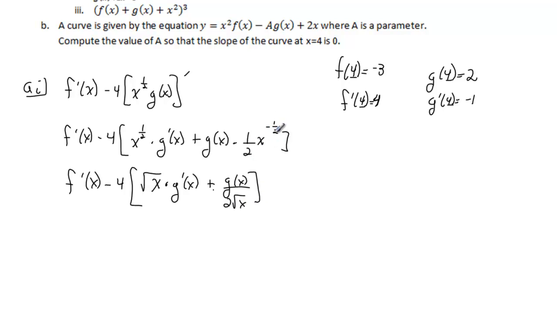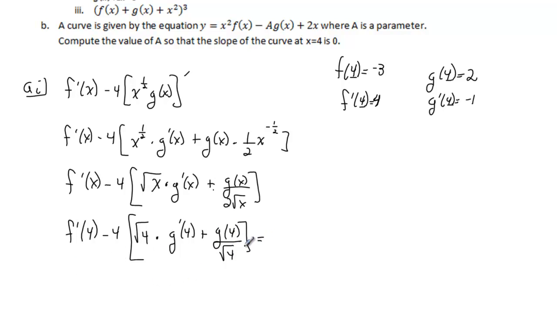I brought the x to the -1/2 back down to the denominator and transformed it back into square root of x. We know we're looking for this derivative when x is equal to 4, so we're going to plug in a 4 everywhere we see an x. So here we have square root of 4 times g prime of 4 plus g of 4 all over 2 times square root of 4.